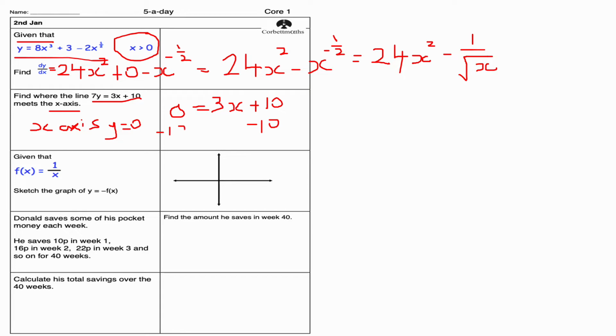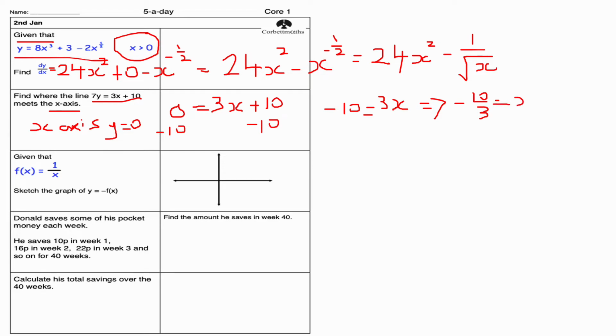So 0 take away 10 is minus 10, so minus 10 is equal to 3x. Dividing both sides by 3, we get that minus 10 thirds is equal to x. So it meets the x-axis at minus 10 thirds.